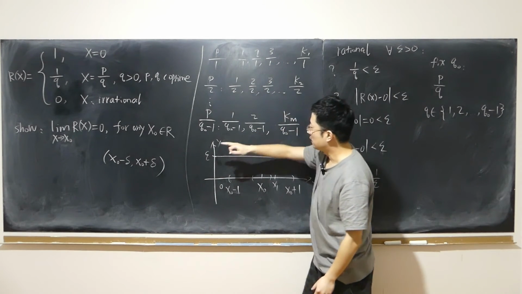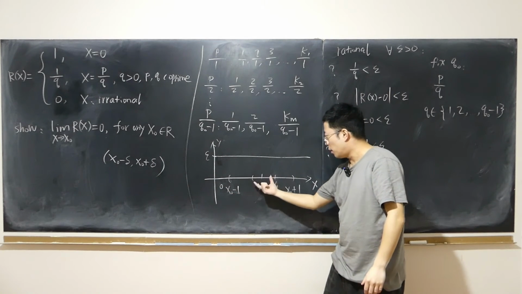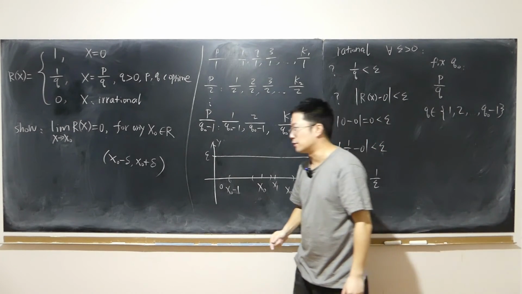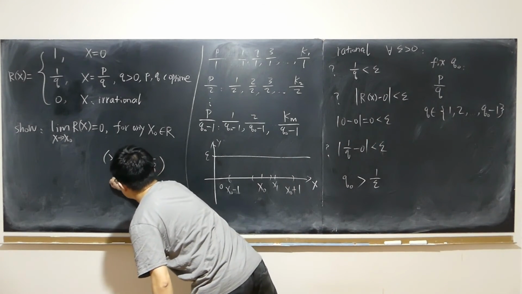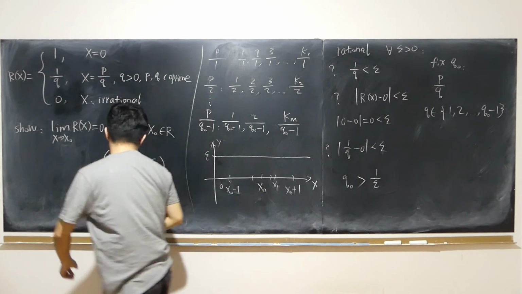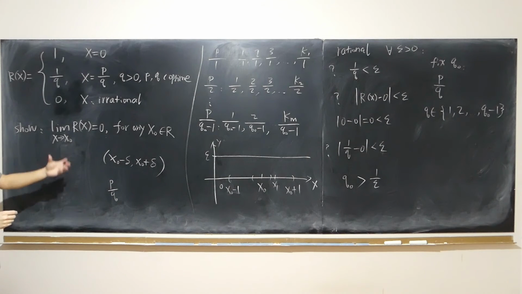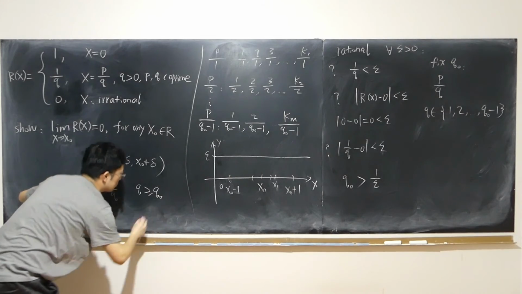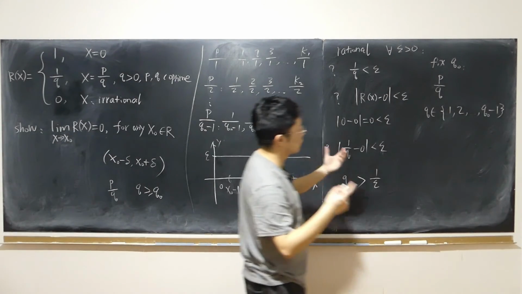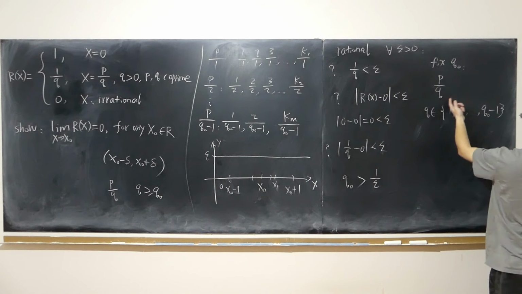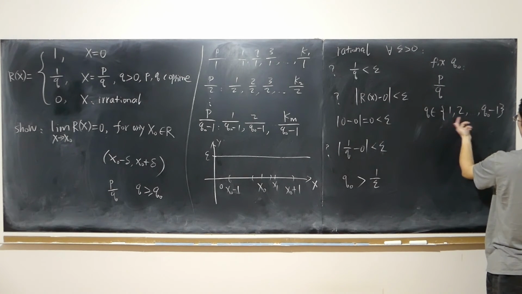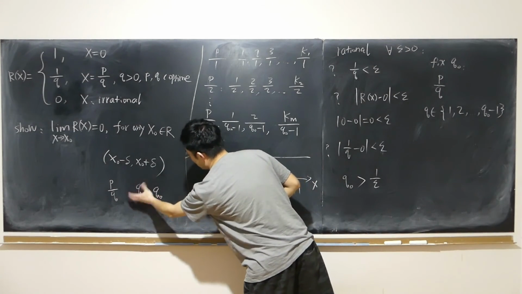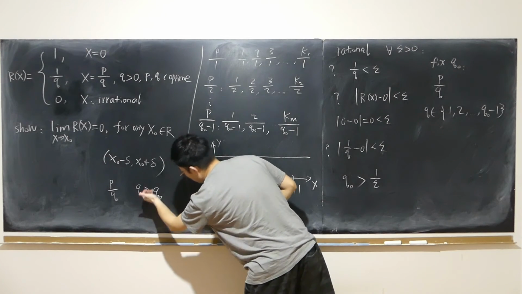So inside this smaller deleted neighborhood, the fractions will all look like this: p over q, where q is larger than or equal to q naught, because there are no more such fractions whose denominator is from 1, 2, 3, up to q naught minus 1. So every fraction in here must have a denominator that's at least q naught.